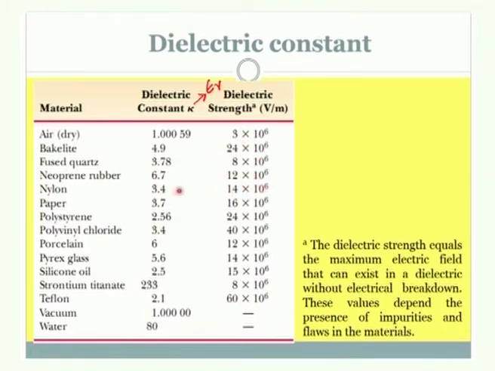So, that much voltage per meter if you apply, the material is likely to withstand up to this. Beyond that, it will have an electrical breakdown. And the Teflon value is also shown here. It has a very high dielectric constant and a relatively high dielectric strength. So, this data will help you to understand the meaning of the dielectric constant and the dielectric strength.